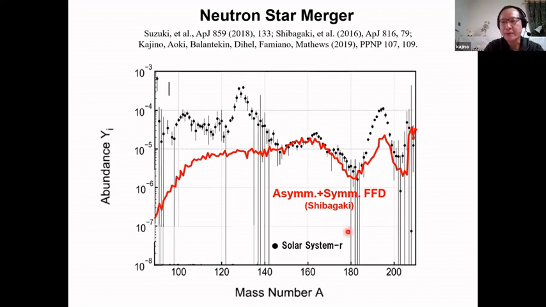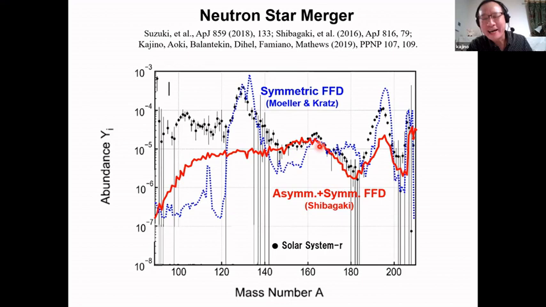But if a symmetric fission fragment distribution is artificially assumed, it is described in the second peak. So we would like to know the fission fragment distribution in order to know exactly what the result of our process from neutron star mergers is.